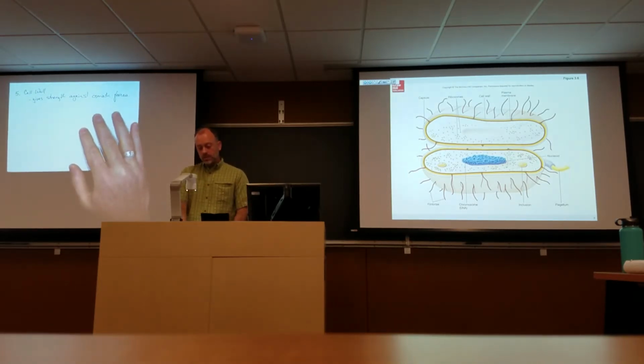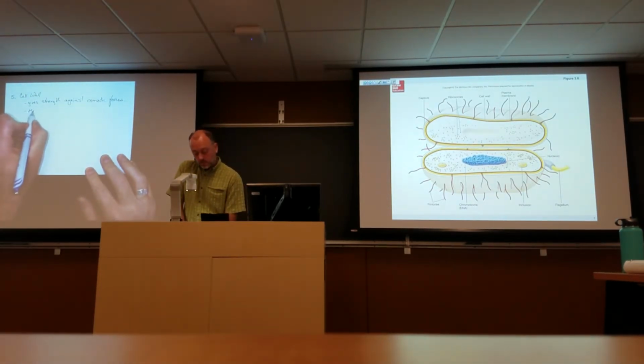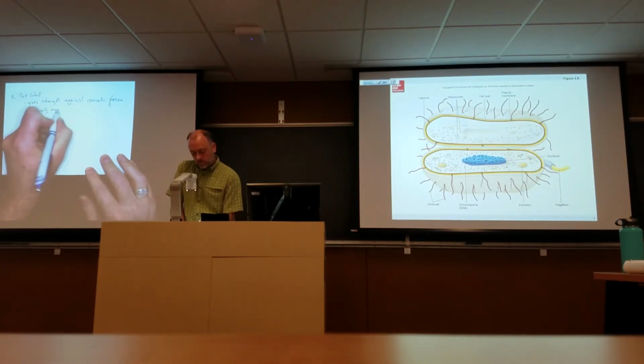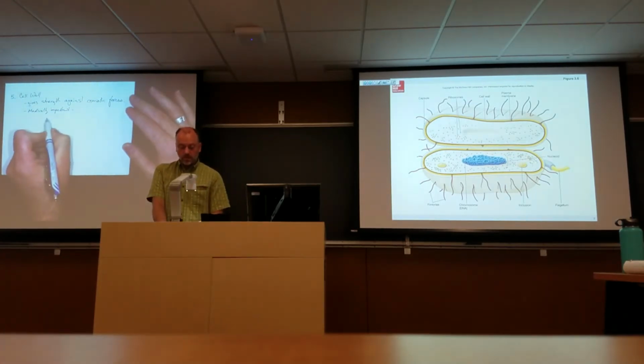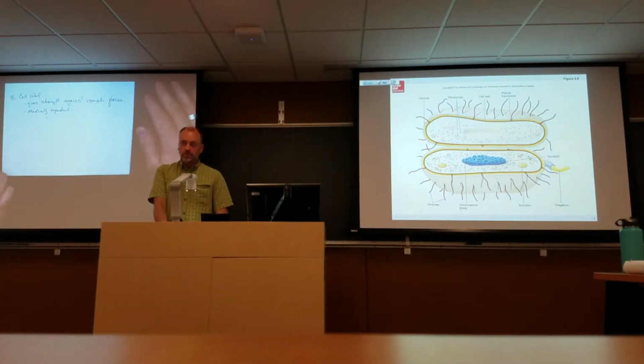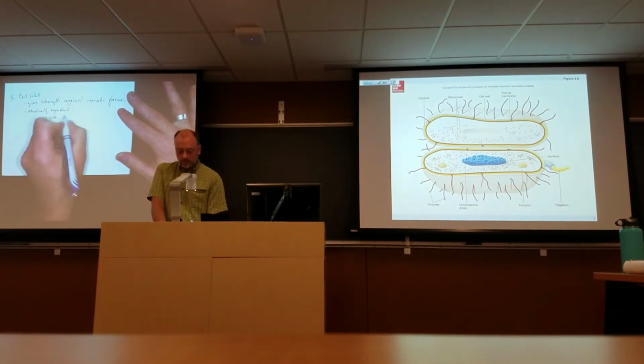In terms of human interest, it's medically important for a few different reasons. One of the main things you think about in terms of the medical importance of the cell wall is it's the site of action for many antibiotics.